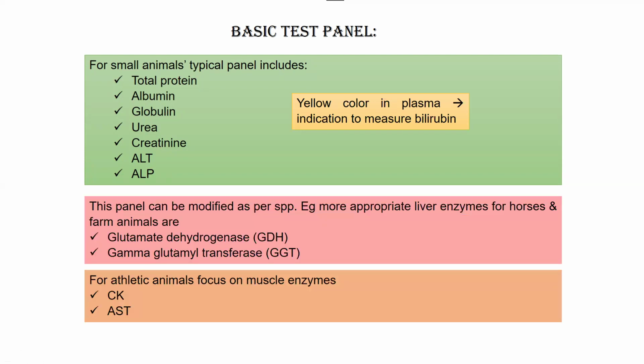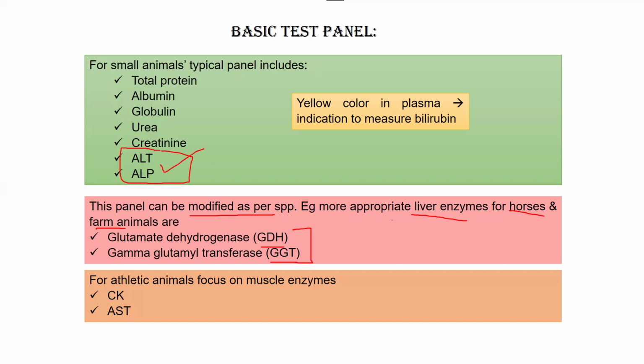You can have this panel modified as per species or condition too. For example, to have more appropriate liver enzymes for horses and large animals, you can exchange ALT or ALP for GLDH or GGT, because they are more specific for large animals. But as far as pets are concerned, these two are more sensitive.